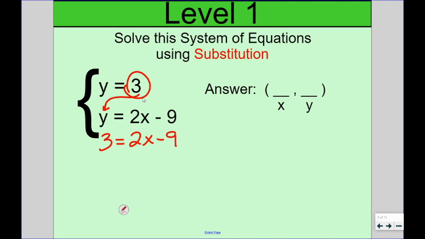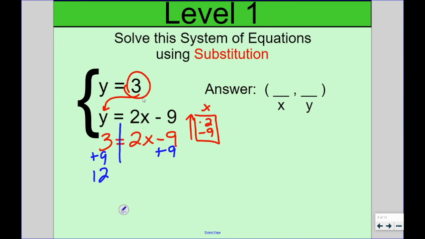And we can do our chore chart. We're solving for x. X is being multiplied by 2 and then subtracting 9. We're going to work backwards, and start by doing the opposite of subtracting 9, which is adding 9. We're going to add 9 to both sides. 9 plus 3 is 12.